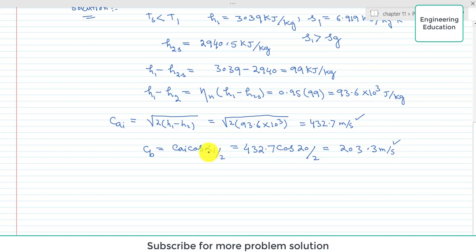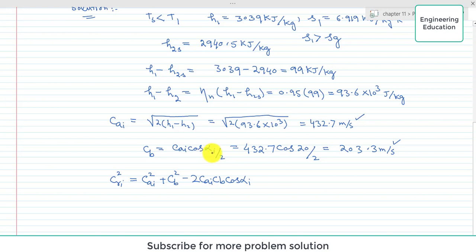Now to find another velocity, the relative velocity at inlet, we will use the cosine law from velocity triangles. CRI square is equal to CAI square plus CB square minus 2 CAI CB cos alpha I. We have used this expression again and again in the first two problems, problem 11.1 and 11.2.